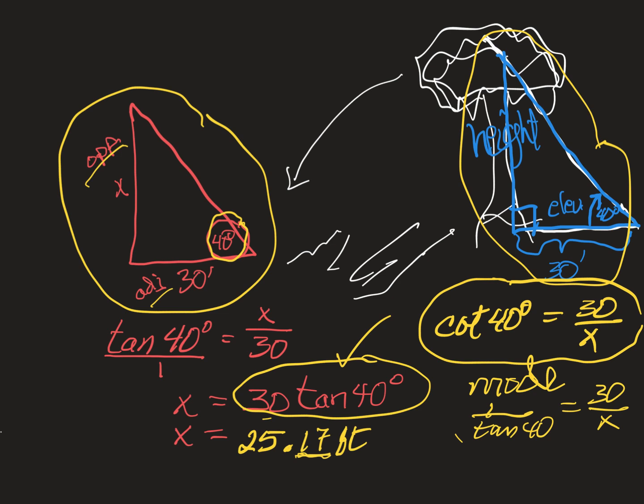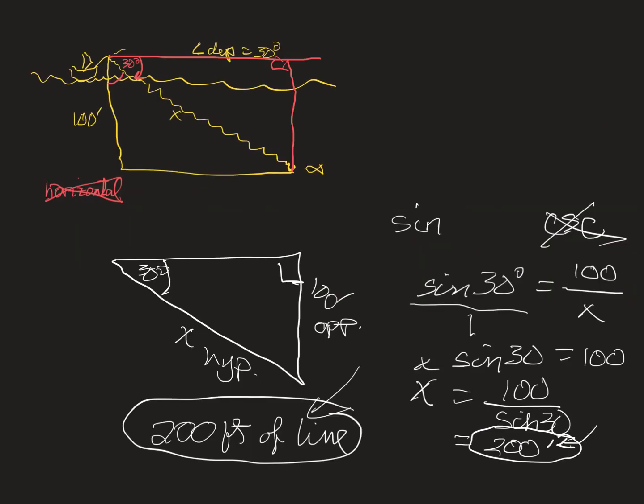So that's a little variation. But once you have these two sides, you can pick whichever ratio you like, tangent or cotangent. I almost always pick the ratios that are on my calculator. It makes my life easier. Alrighty? Let's go to the next.